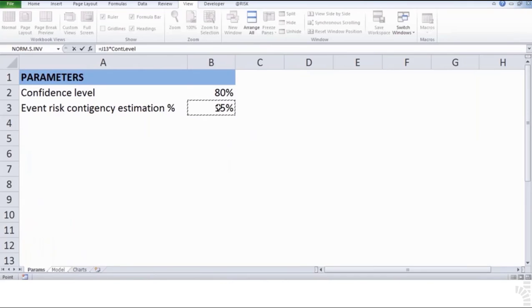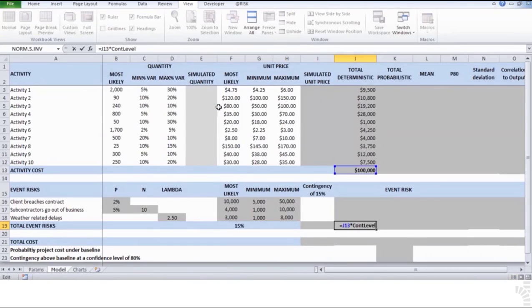3. On cell I19, calculate contingency as a percentage of project budget, multiplying the total activity cost estimate on cell J13 times the event risk contingency estimation percentage on the Params tab, named Cont level, with the formula equals J13 times Cont level. 4.